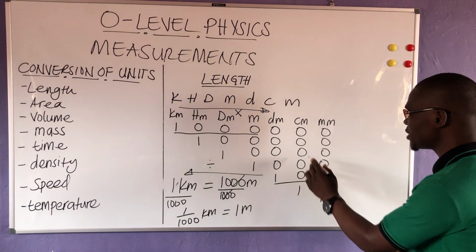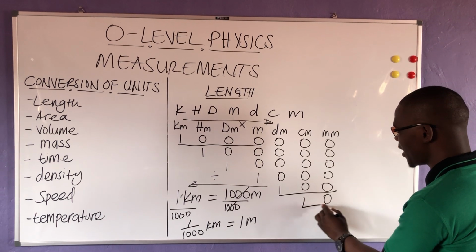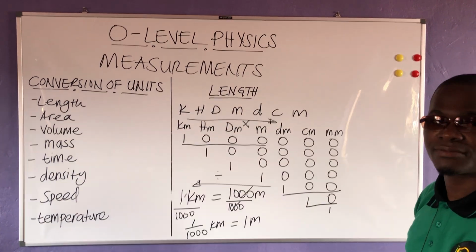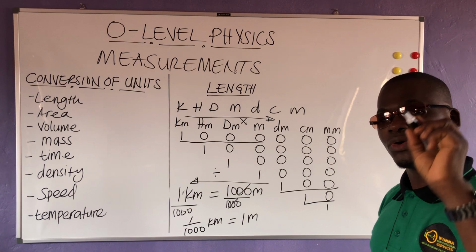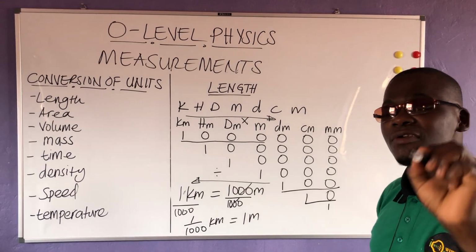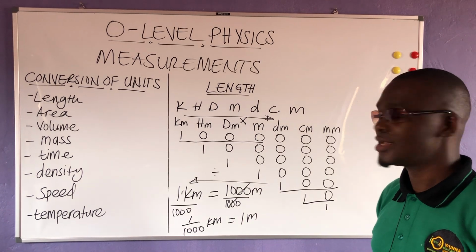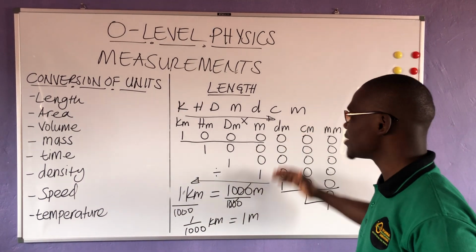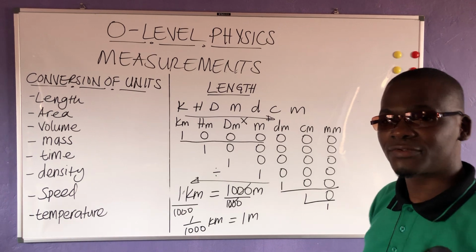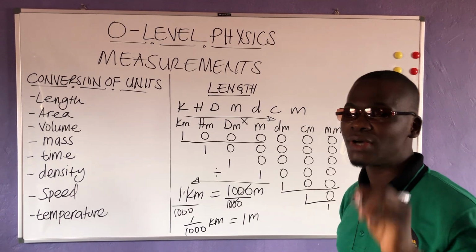Still, 1 centimeter is equivalent to 10 millimeters. And therefore, 1 millimeter is equivalent to 1/10 centimeter. So that is how we can convert from one unit of length to another.